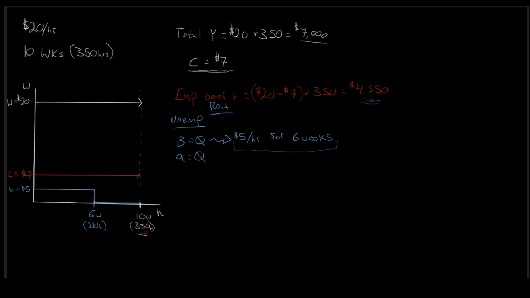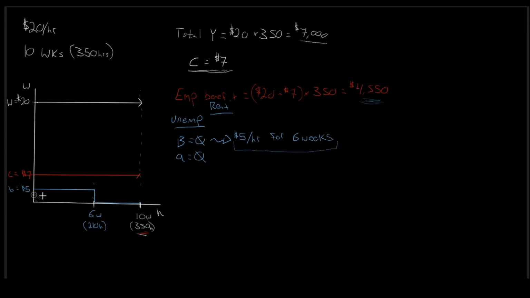So in this case, your employment benefit was $4,550. That's what you get for being employed. But to figure out what our employment rent is altogether, we would want to figure out the benefit of our next best alternative.